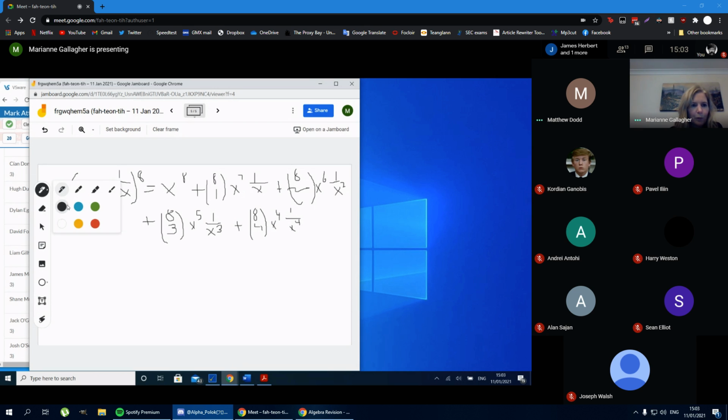When you go back, if you multiply this by this, you get x to the power of 6. This by this gives x to the power of 4. This by this is x squared, and this by this is just 1. So this term is going to be independent of x because the x's cancel out. See that?